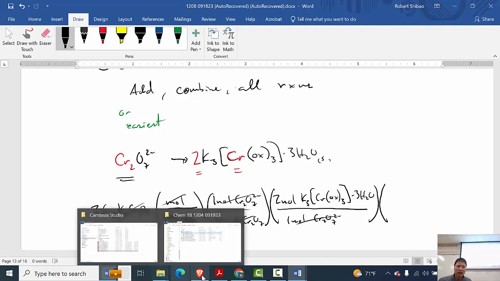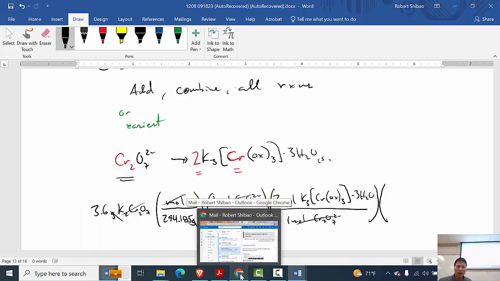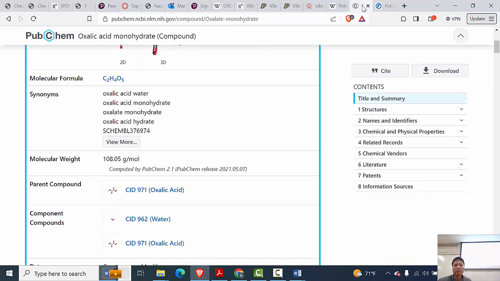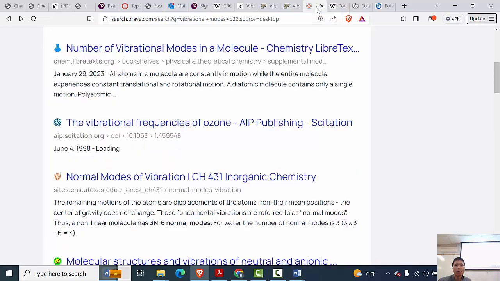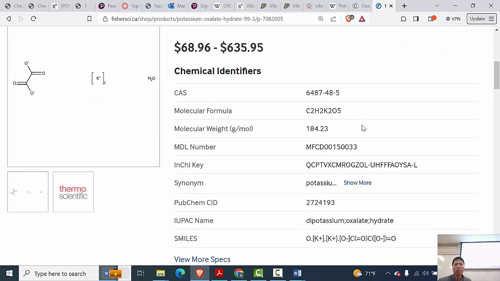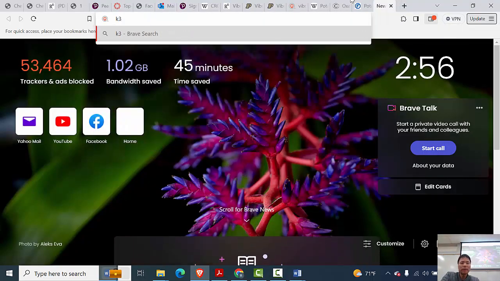And so I'm going to look up the molar mass for potassium trioxalato chromate 3. And here it is. Potassium, oh, that's not it. That's not it either. So I'm going to look it up here.